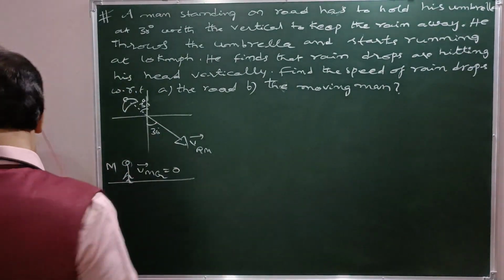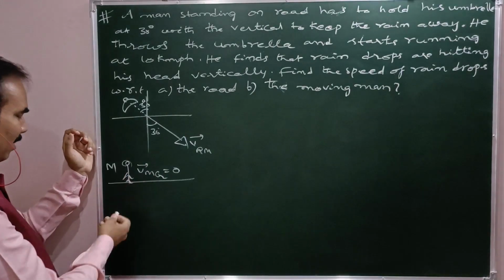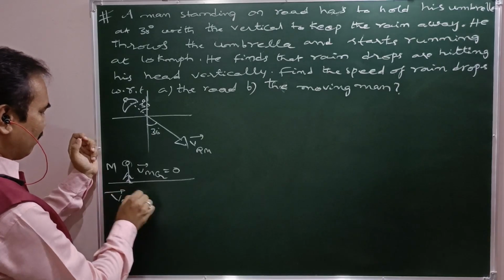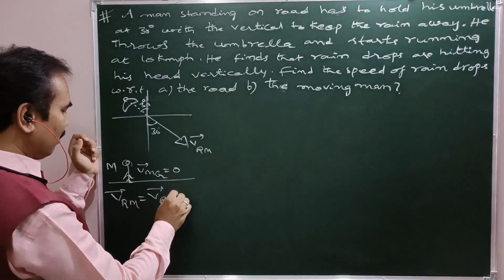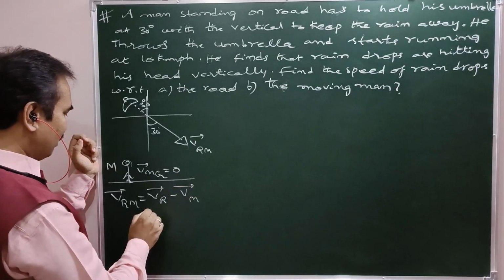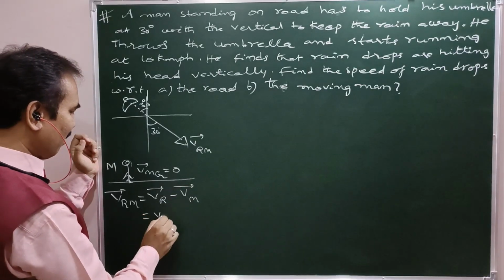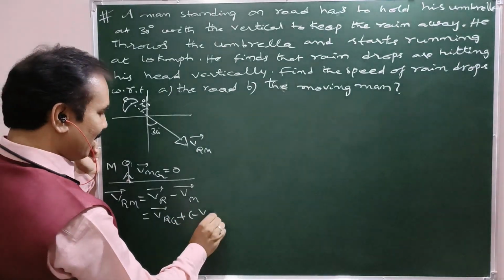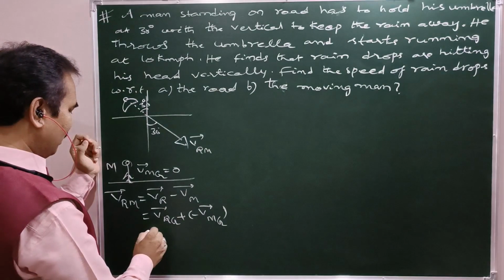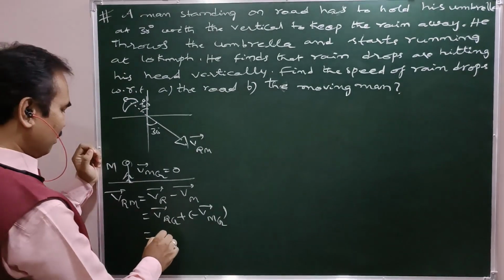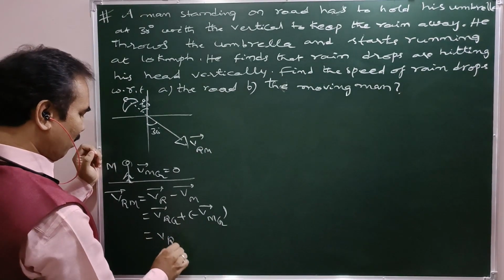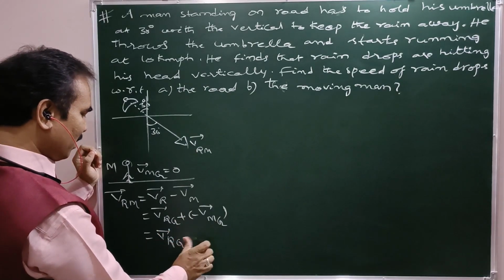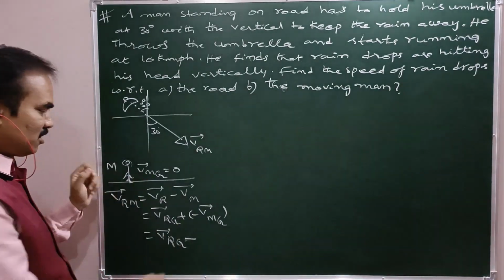Now, as per the relative velocity equation, VRM bar equal to VR bar minus VM bar. That also can be written as VRG, with respect to ground, plus or minus VMG bar. VRG bar is not given. What is VMG? 0.